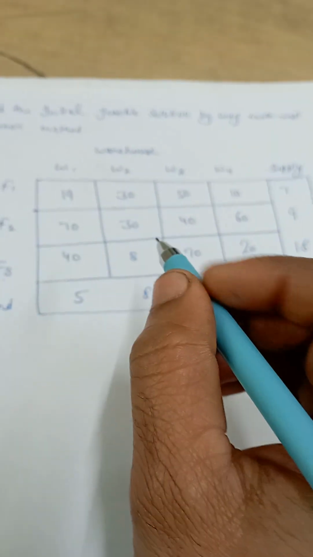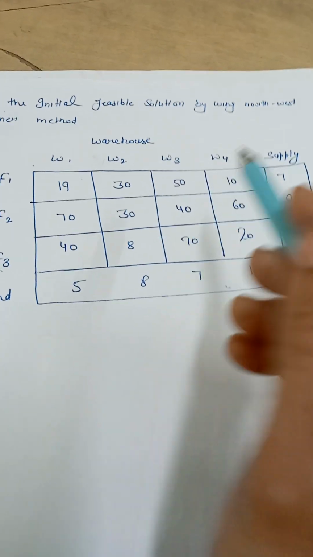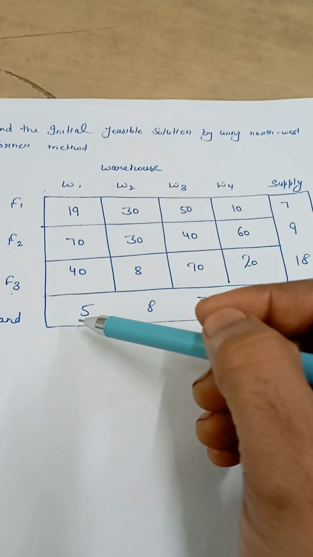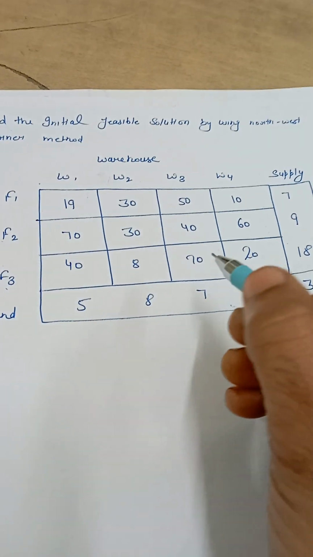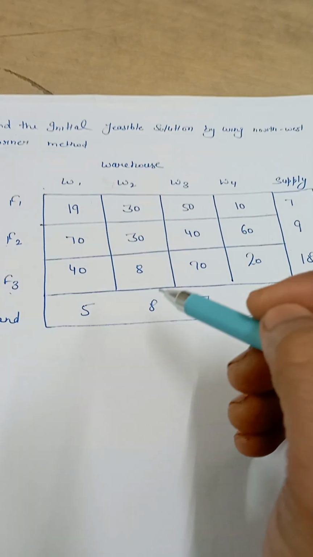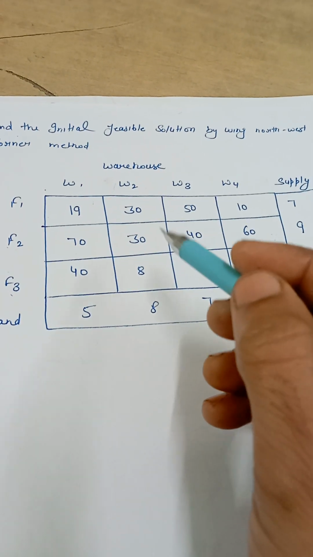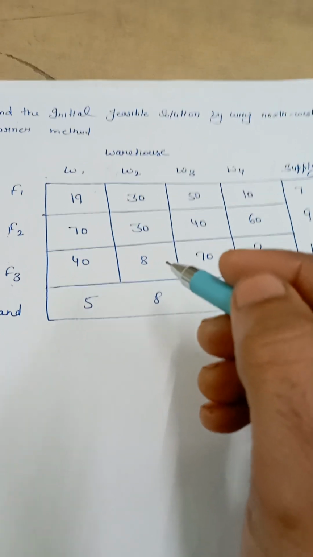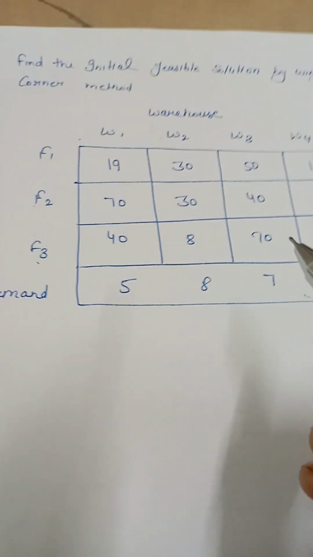If the allocation made in step 1 is equal to the supply and demand available at the first source, then we move vertically down to the cell 2 1 in the second row and the first column and apply step 1 again for the next allocation.